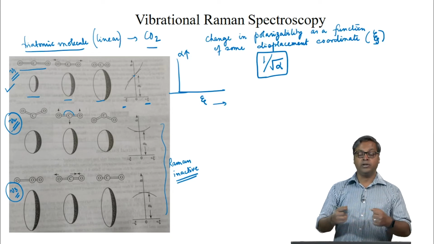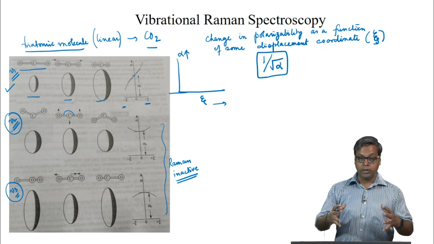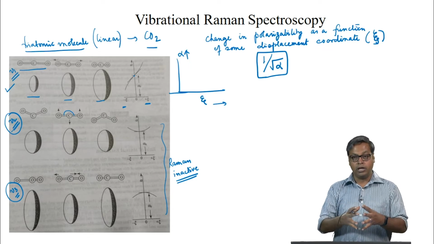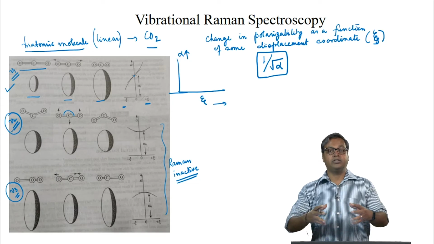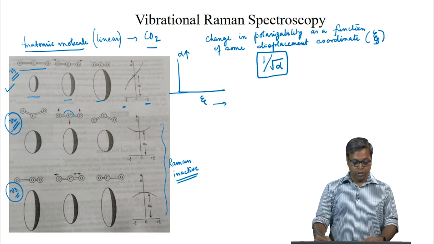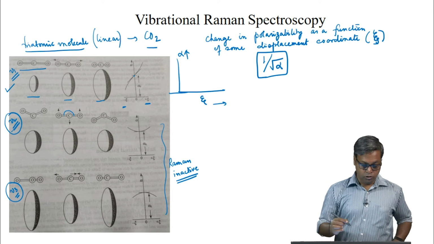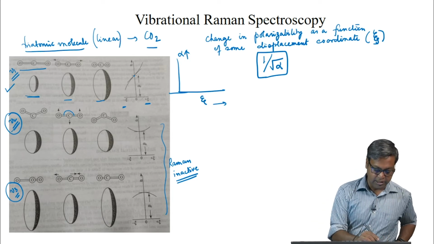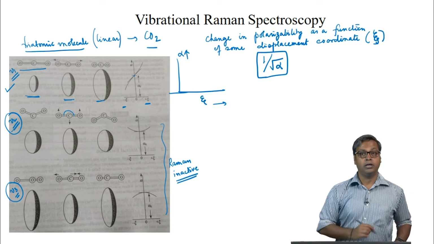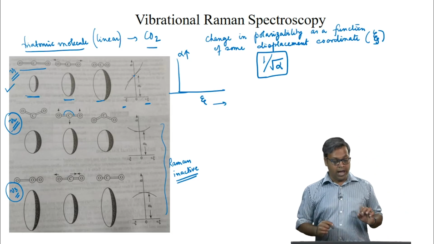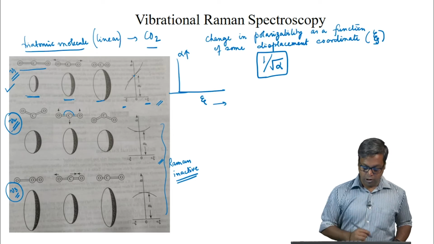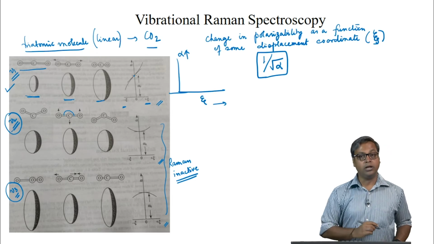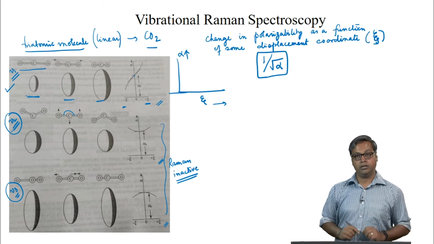So, when alpha increases, the ellipsoid becomes smaller, and when alpha decreases, the ellipsoid becomes larger. This figure shows the change in the shape or the size of the ellipsoid, and these plots show the change of alpha with respect to the displacement coordinate xi.